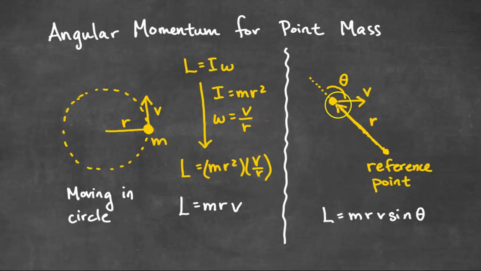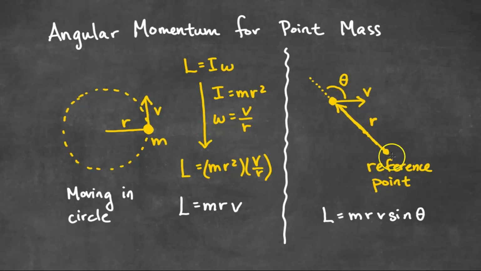So what is the angular momentum of this mass moving to the right? Well, it's going to be L is equal to m, the mass of the object, times r, and r is going to be the distance between the reference point and where the mass is located.